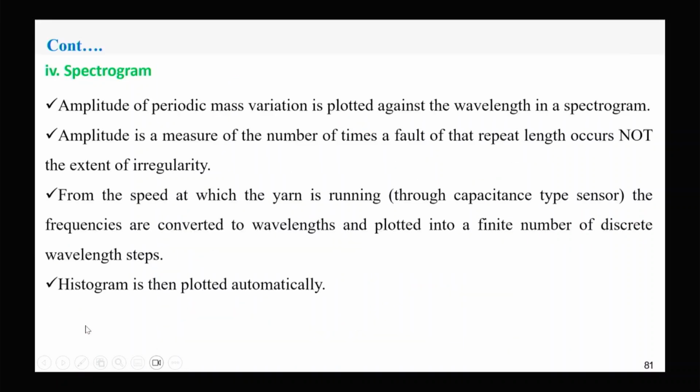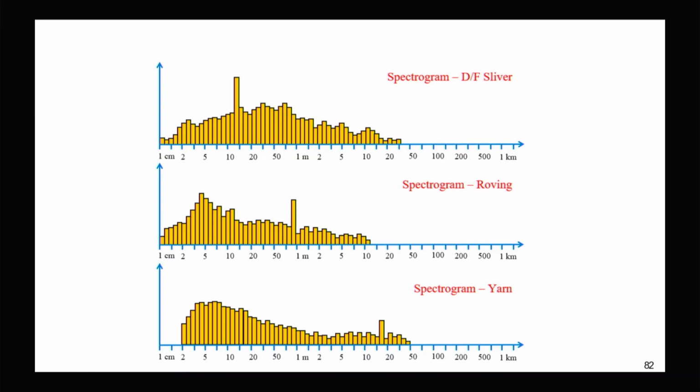So here we plot a histogram automatically, and you can see here there are histograms. Spectrogram of, say, a draw frame slide. So the defect is at the draw frame.